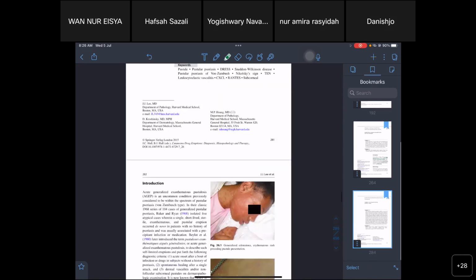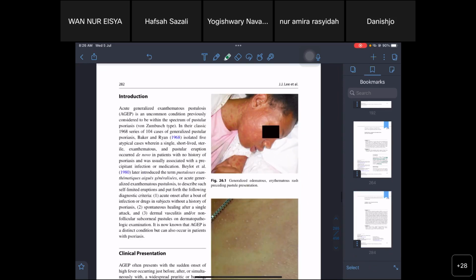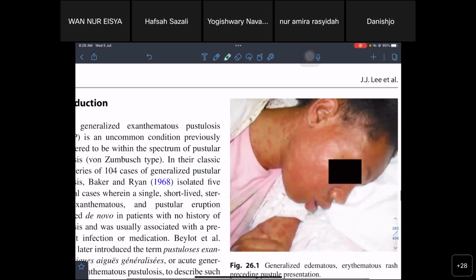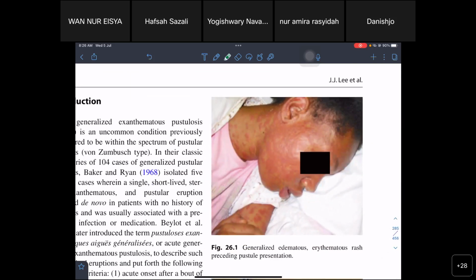We haven't talked much about the management, but they are usually managed in an ICU or burns unit by a multidisciplinary team, including anesthesia, pain management team, dermatologist, and they involve mucosa.